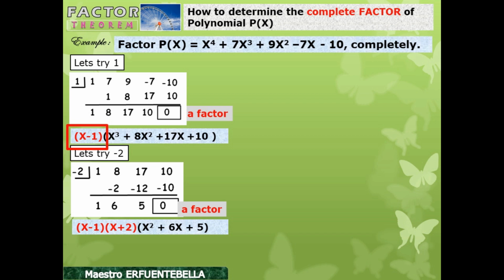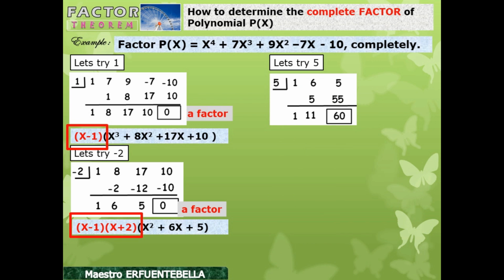So we will find now the factors of this x squared plus 6x plus 5. In this remaining polynomial, we find the possible factors of 1 times 5, which is 5, so only 1 and 5, positive or negative. Let's try positive 5.